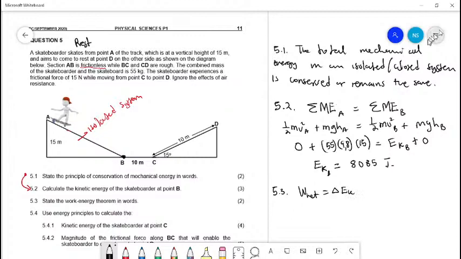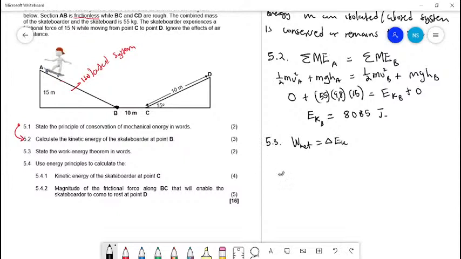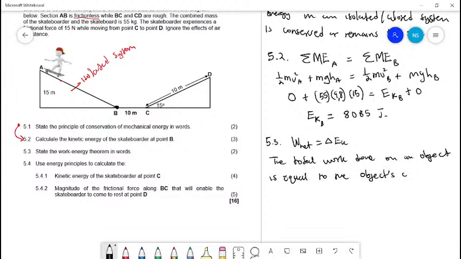So this is a theorem that states that the total work done on an object, or you can say the work that is done by the net force on an object, is equal to the object's change in kinetic energy.